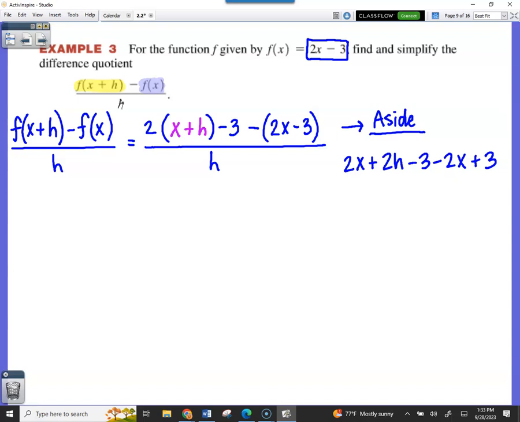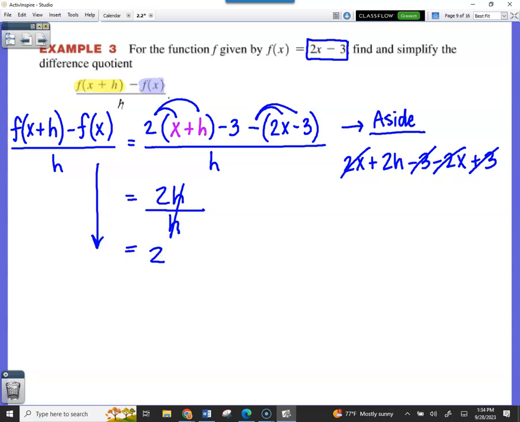I distributed this 2, copied minus 3, and then I distributed the negative. 2x minus 2x, those cancel. Minus 3 plus 3, cancel. What's left? 2h. So I'm going to come back to this, and I'm going to say, okay, all of that ended up being 2h, and it's over still what? H. What happens? Those cancel, and you're left with 2.